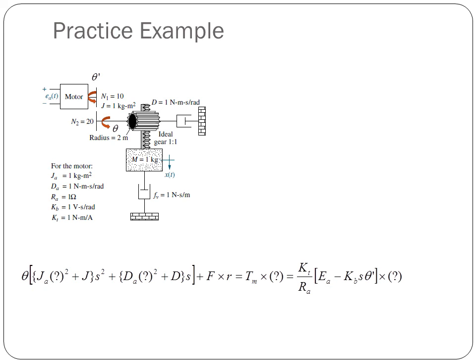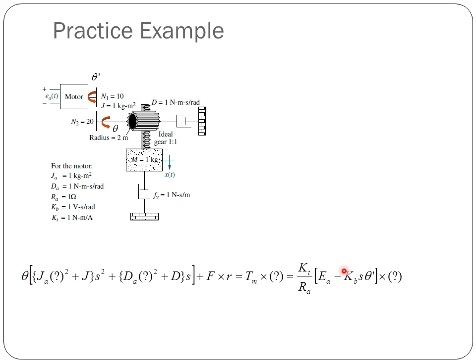Now what you get is a big equation. Here we can see that theta dash is appearing, because theta dash is connected to the motor, which is actually theta m in our original equation.